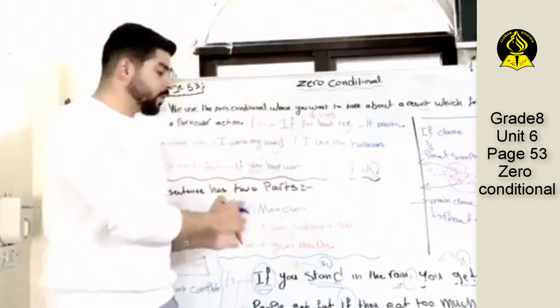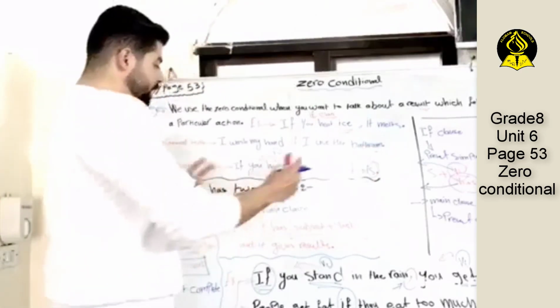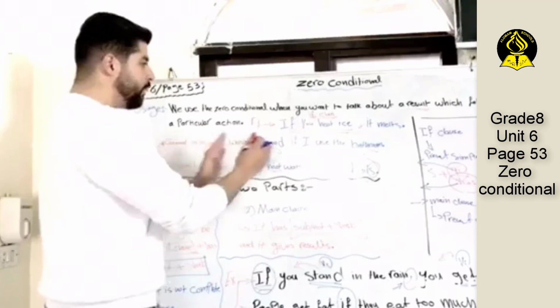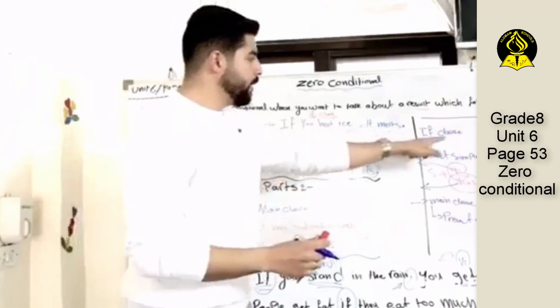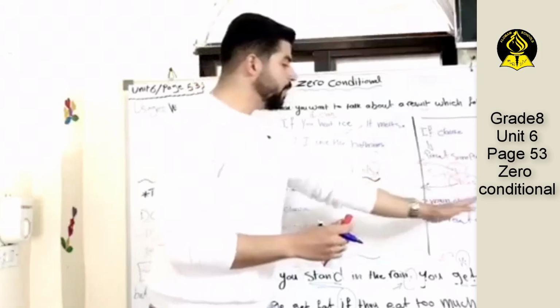But if the sentence starts with the main clause, we don't need a comma. Okay, and we have again two parts. We use the present simple with the first part, with if clause, and also we use the present simple with the other part, with the main clause.